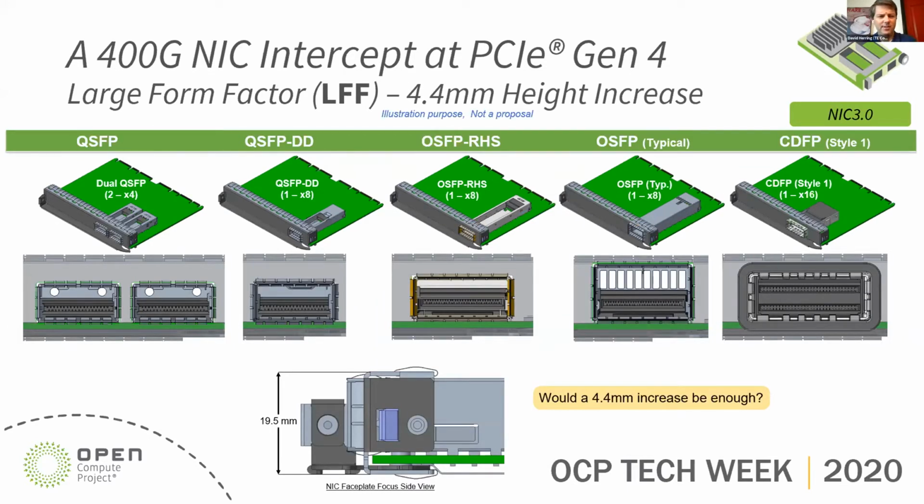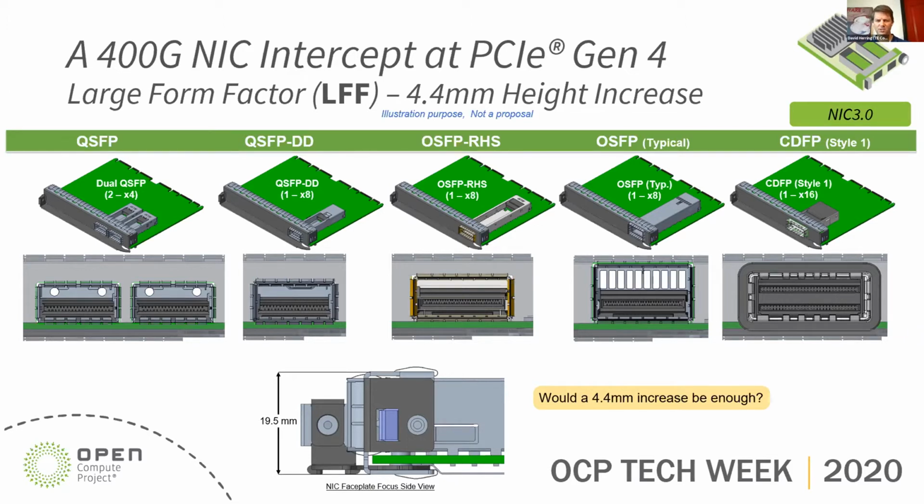Now, trying to address what that taller height might be, this is, just for illustration purposes, an example of 4.4 millimeters. And this is really driven by looking at a minimalistic impact of just the form factor, not necessarily accounting for some of the tolerances that might come up in the manufacturing of the faceplate itself, and then how the system might be.